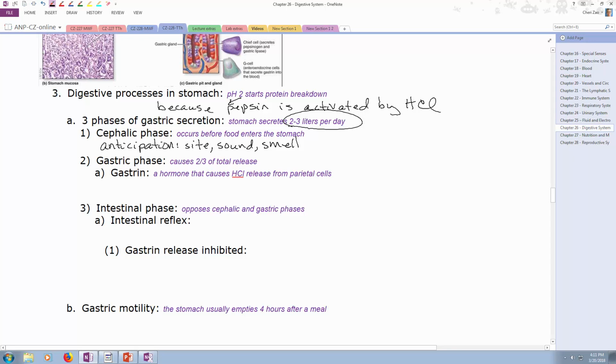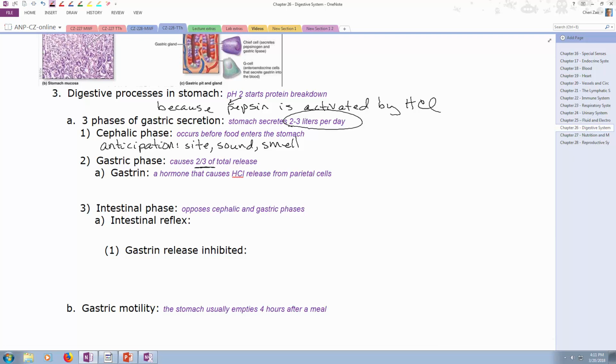Then we're going to hit the gastric phase, which is going to cause the bulk of our gastric juice production. And that is due to gastrin, which is a hormone that is going to cause the release of hydrochloric acid from our parietal cells. Now, this is an interesting process. When food enters your stomach, what does it do to the size of your stomach?